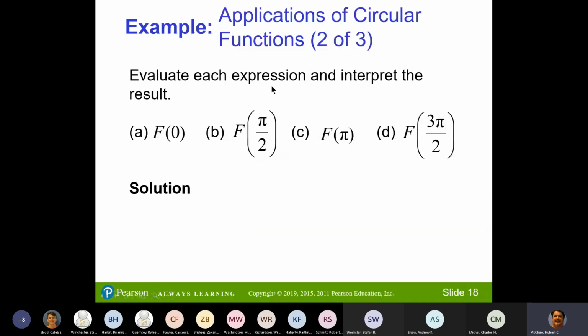Evaluate each expression and determine the results. I guess they want you to plug in 0, pi over 2, pi, and 3 pi over 2. Okay? So let's do that. I'll write it down.